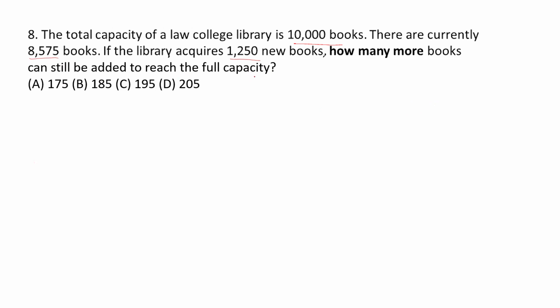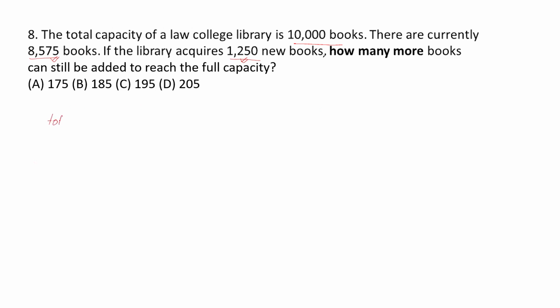See, in the library, total capacity was 10,000. Already 8,575 books were there. In that, these many more were added. So what is the capacity left? How many more books can be added? So this is the total capacity. These many books are already there. Add them up and subtract from here.